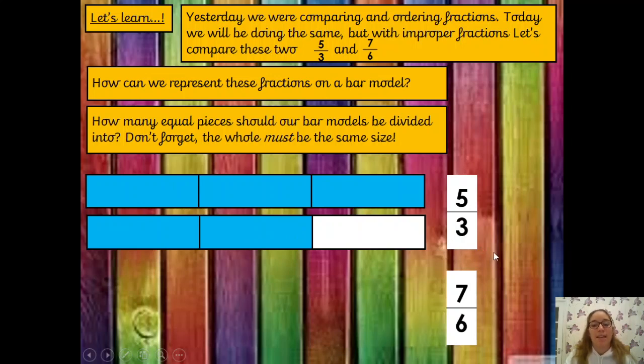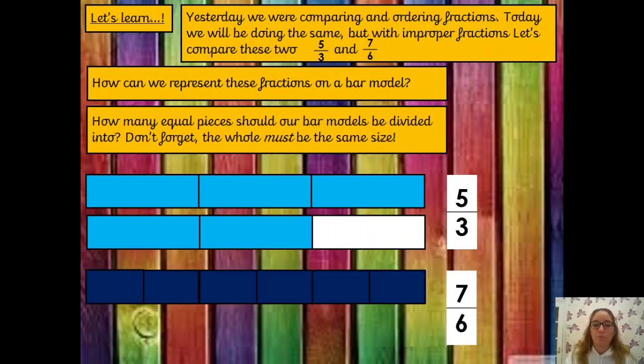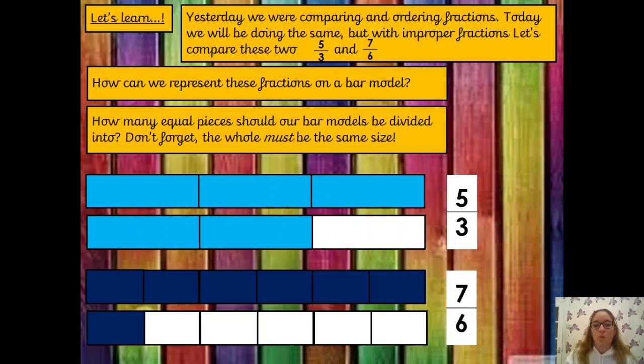Or it's the same if we make it an equivalent fraction to the one at the bottom. We've got 3 and then we go into 6, so we're timesing that by 2. We're going to times 5 by 2. So we could have 10/6, which would of course be bigger than 7/6.